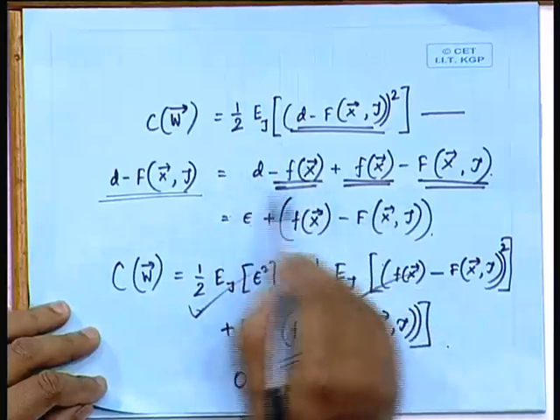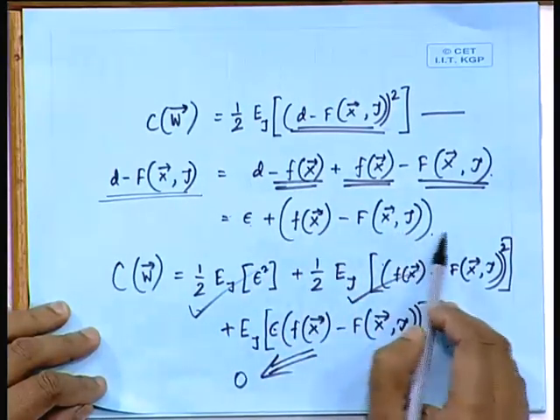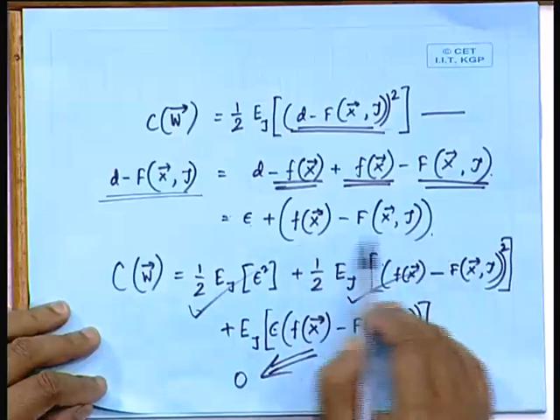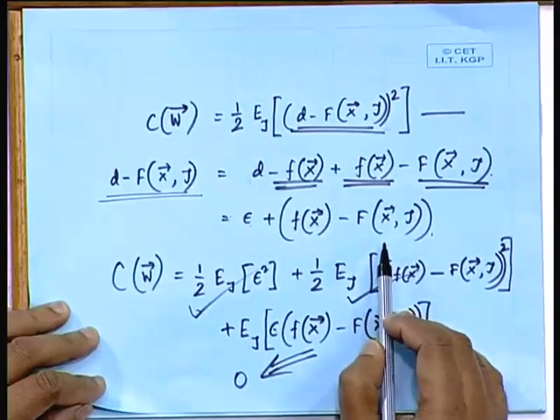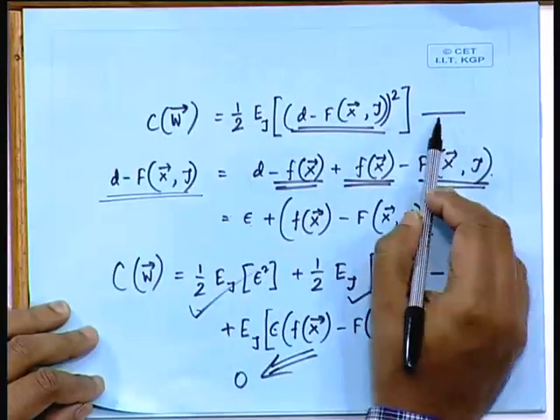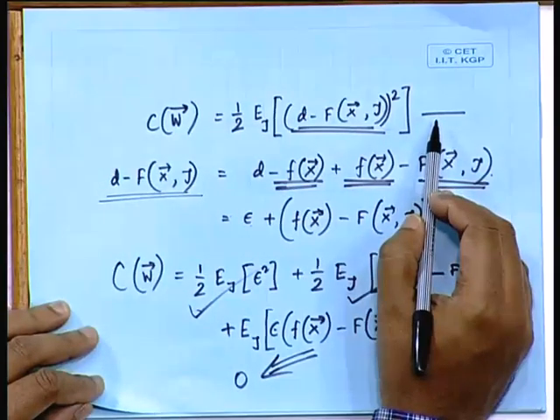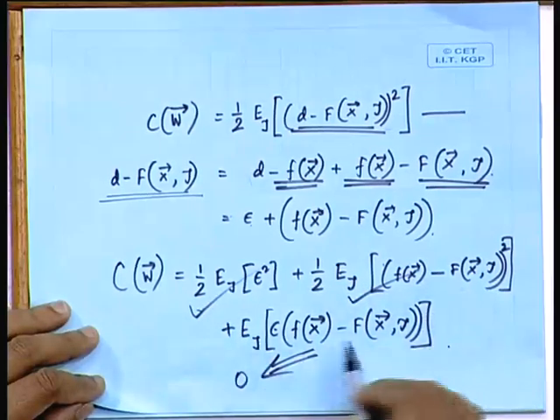So, this term d minus f of x was our epsilon, that is error, and f of x minus f of x, tau, that was nothing but the deviation between the regression function f of x and the neural network realization. And we substituted this d minus f expression into the original definition of C w, and we got this expression.